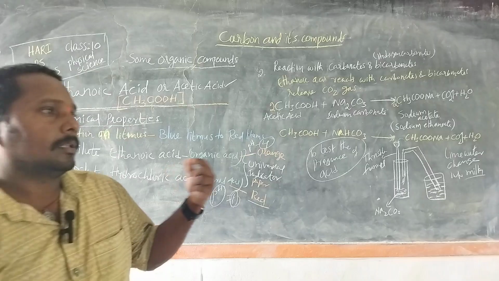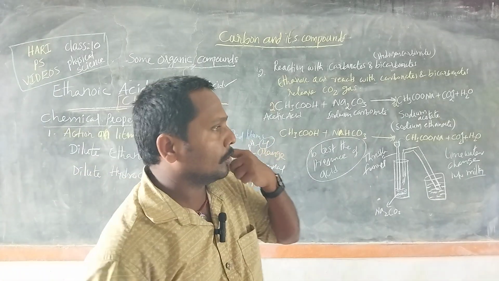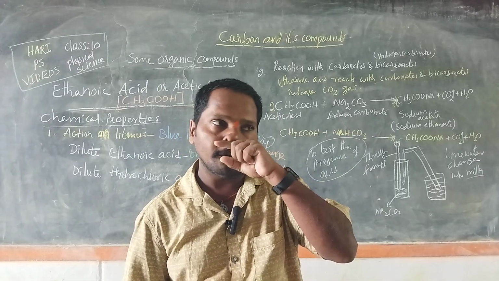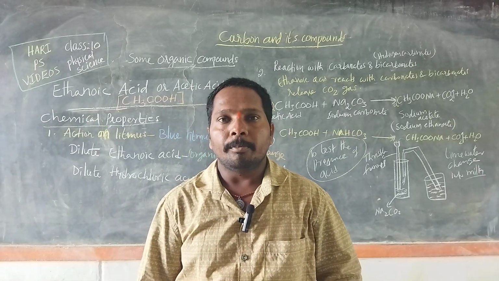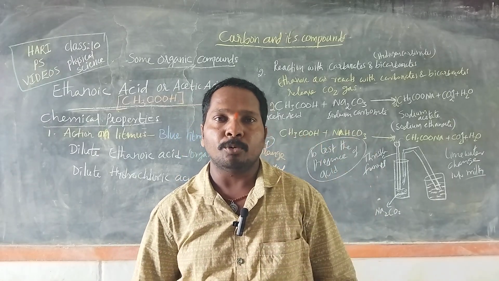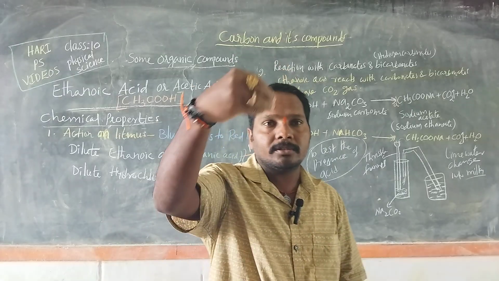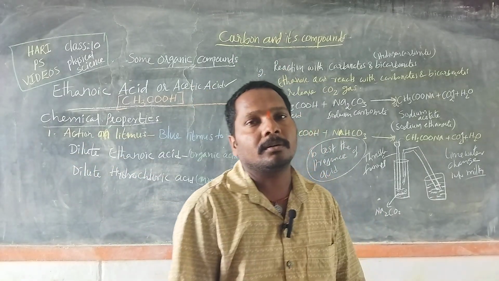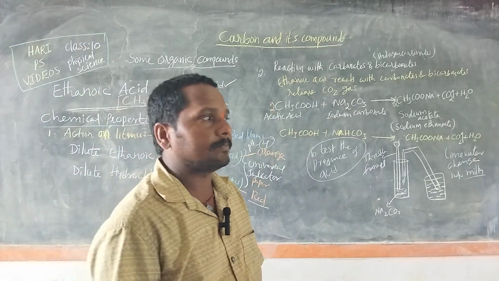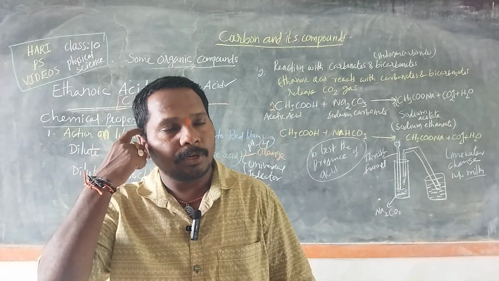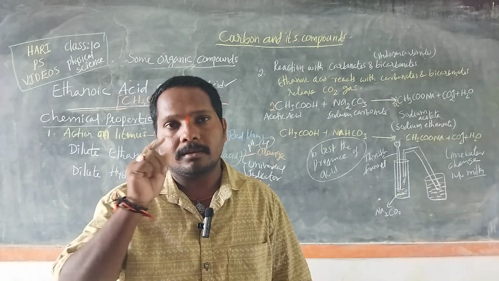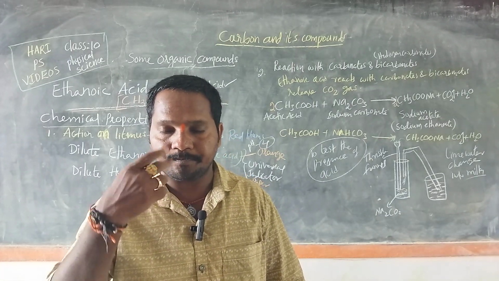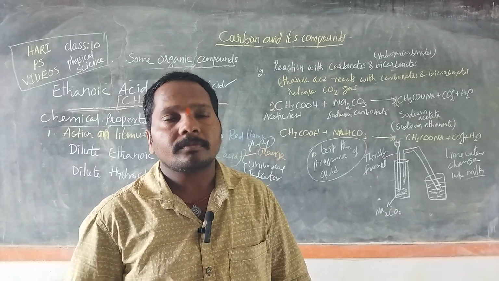So when the organic substance is added into sodium carbonate and sodium hydrogen carbonate, brisk effervescent gases are produced. These gases are passed through lime water. Then the lime water turns milky white. So as we know, the gas is carbon dioxide.